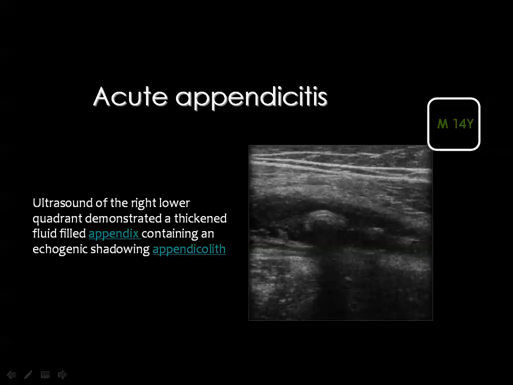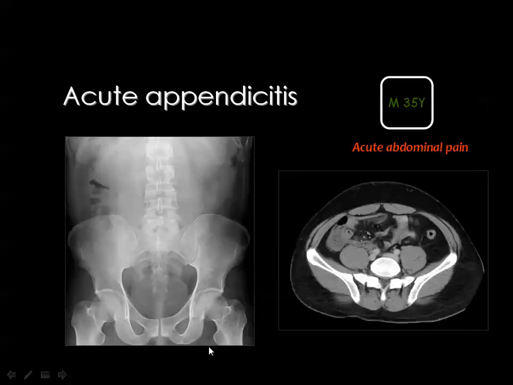And what's important is to detect an appendicolith. This appendicolith is a small calcified lesion which is usually accused to be the cause of obstruction and the initiator for the development of acute appendicitis, but this is considered by radiologists as one of the landmarks for the diagnosis of acute appendicitis.